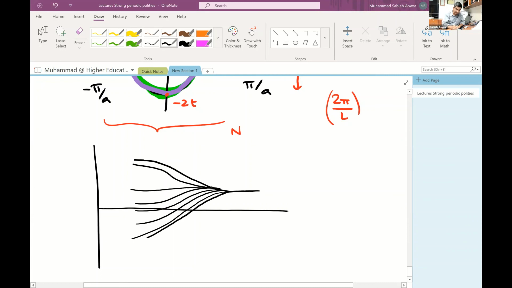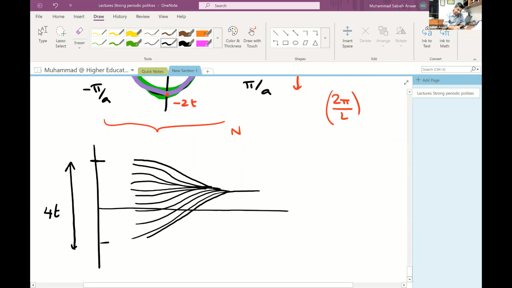So I'm just exaggerating the separation between these energy levels, but this is a fanning out of energy levels and they form a band. And this width here is 4t. Okay, this is the bandwidth, the width of this band, which is called the bandwidth.